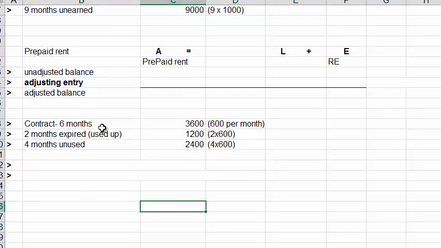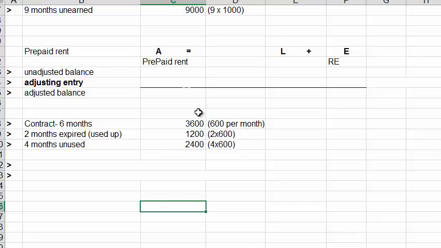It was for a 6-month lease, so $600 per month on the lease. 2 months of the lease have gone by, so that's $1,200, 2 times 600. That means the other 4 months, or $2,400 of that 6-month lease, is still good as an asset.